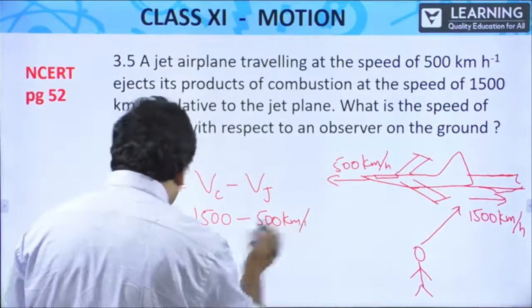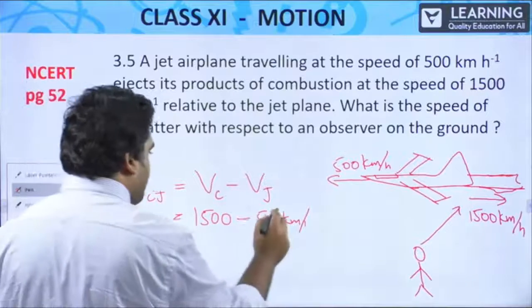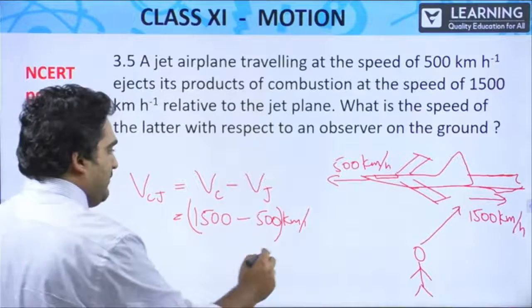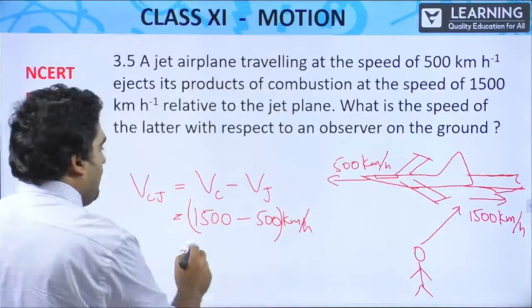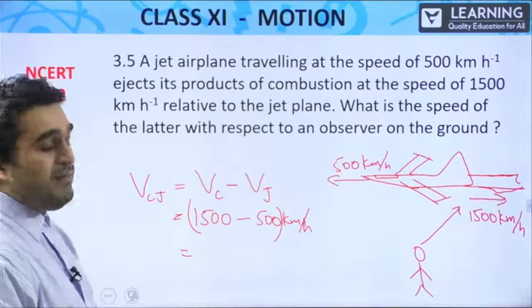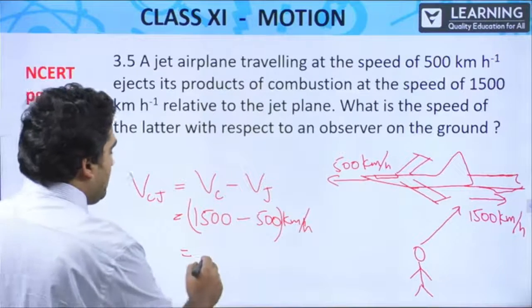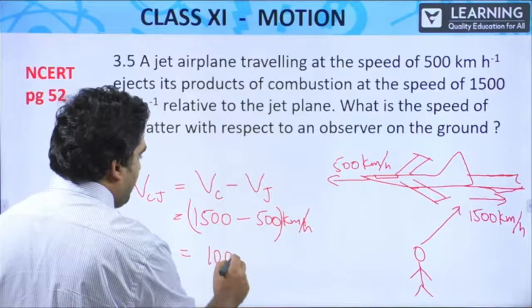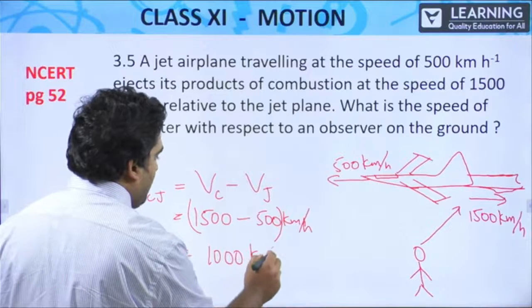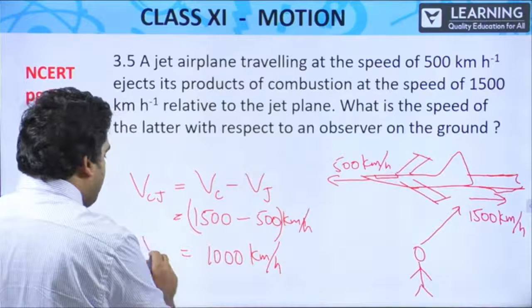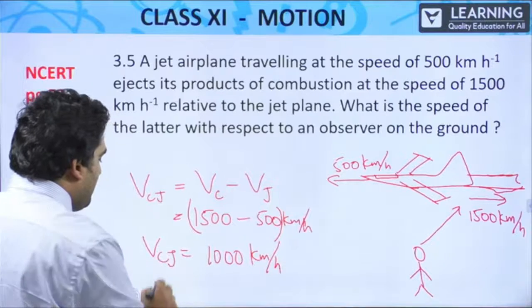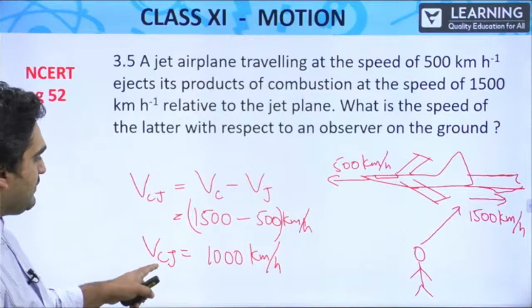You can write the units later as well. So I'll put a bracket here, per hour. 1500 minus 500, 1000. So we've found only a part of it.